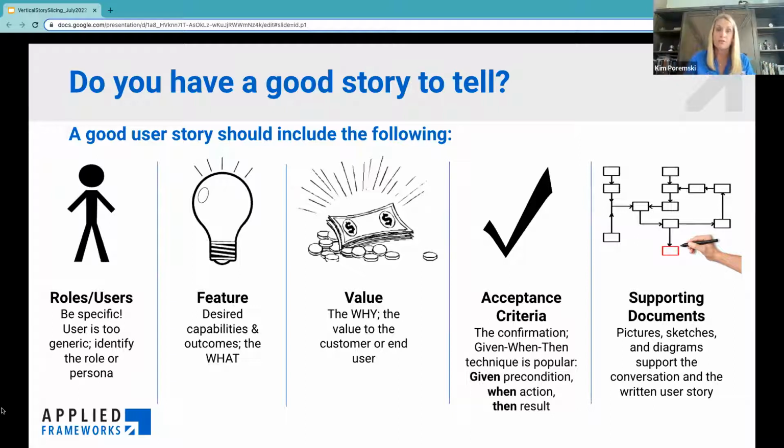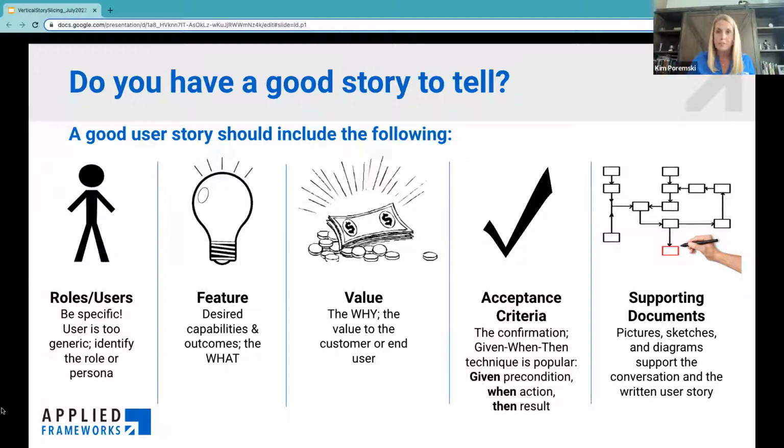So you want your user story to focus in on a particular customer segment or persona. That's really going to help you break down those user stories by thinking about who this is actually for. If you have too wide of a customer segment, your story is going to tend to be a lot bigger.